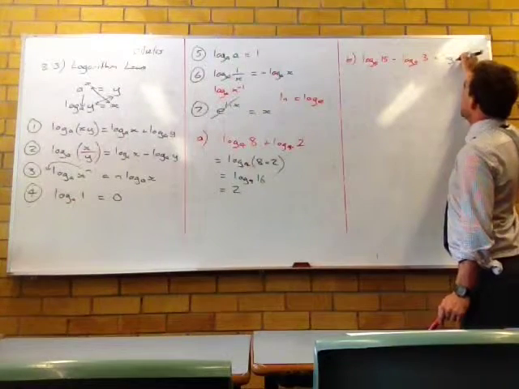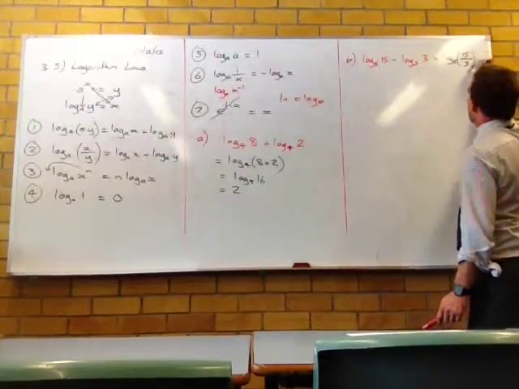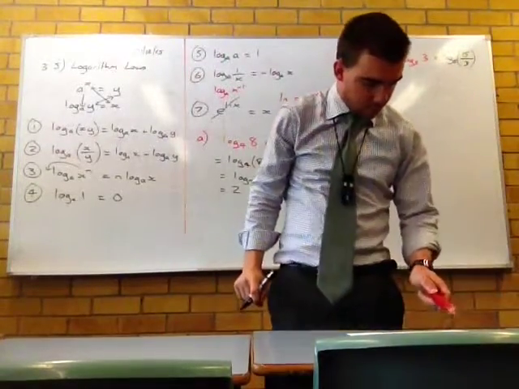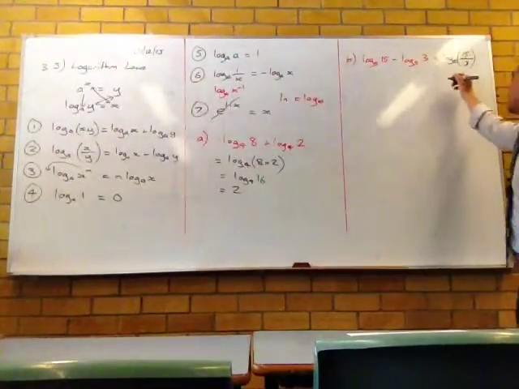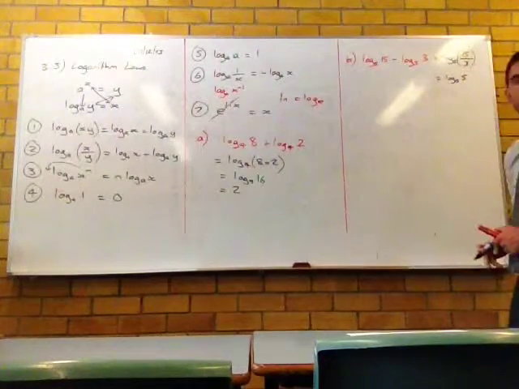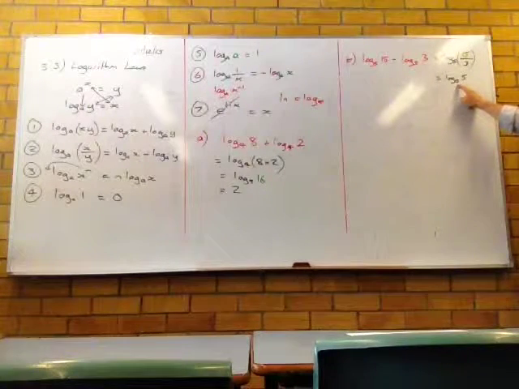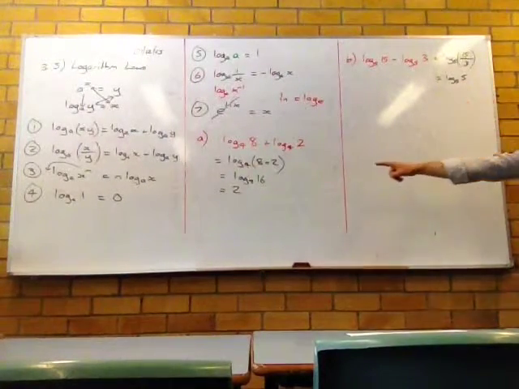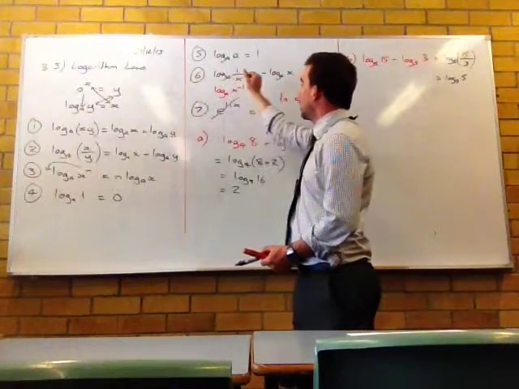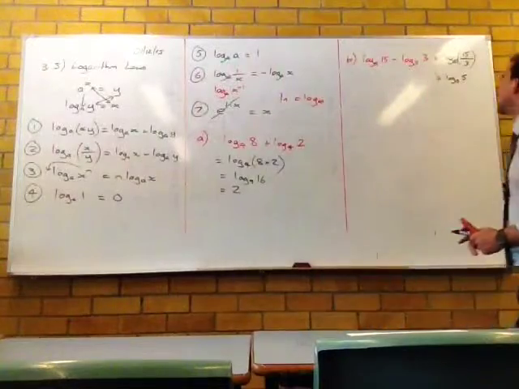So log base 5 of 15 over 3, which is log base 5 of 5. Okay, so 5 to the power of what equals 5? 1. And that's the rule here. So the answer is going to be 1.